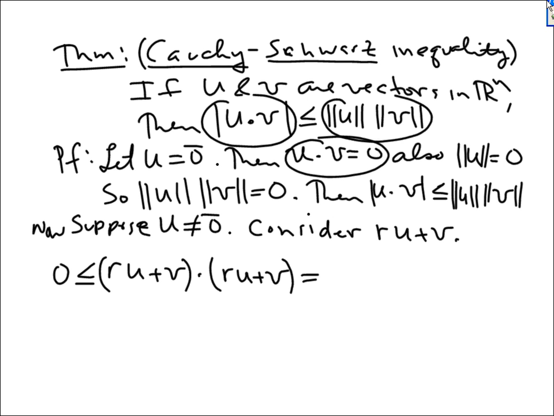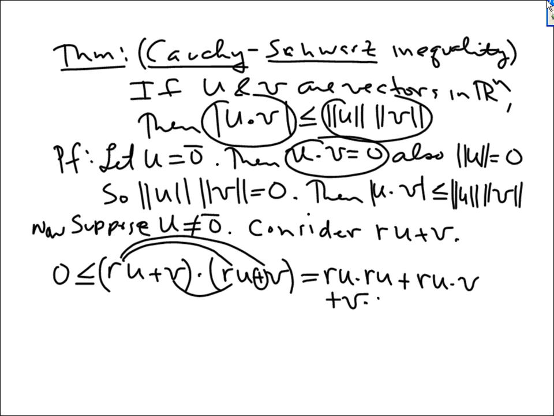Well, let's dot it. We have the distributive law. Ru dotted with ru, plus ru dotted with v, plus v dotted with ru, plus v dotted with v.